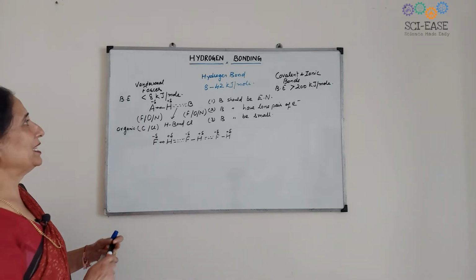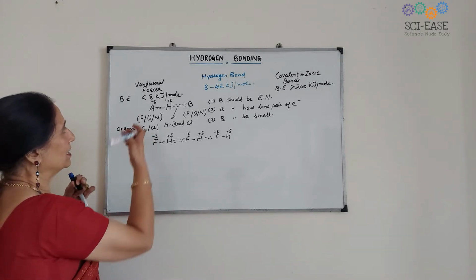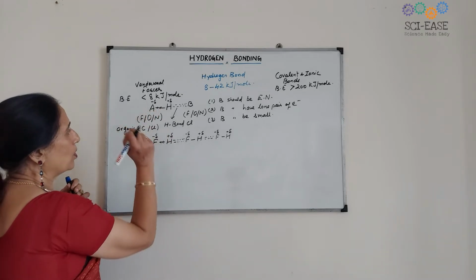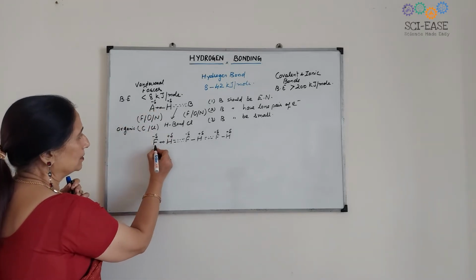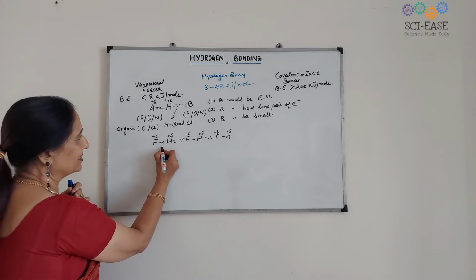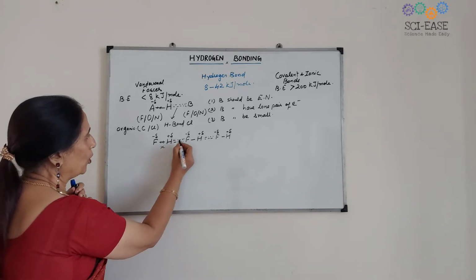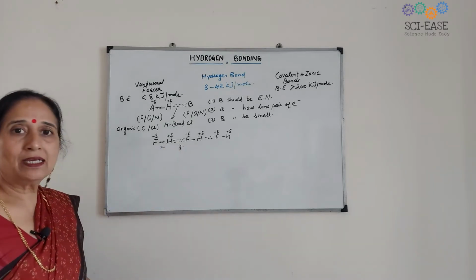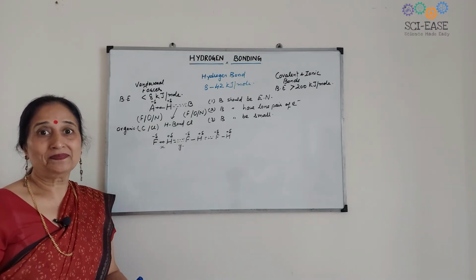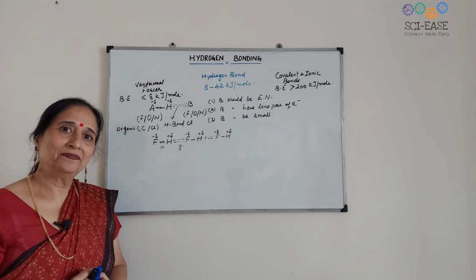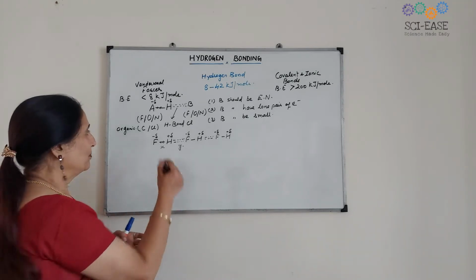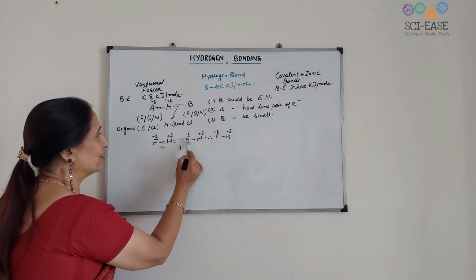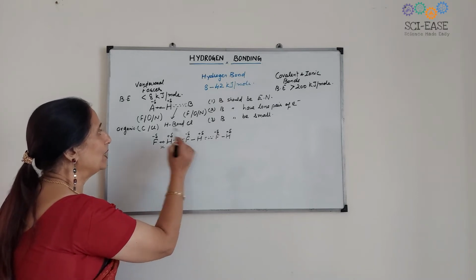Now, tell me, if the bond length of this bond HF is X, and the bond length of this HF bond is Y, which one will be longer? The bond length between HF, that is Y, will be longer.